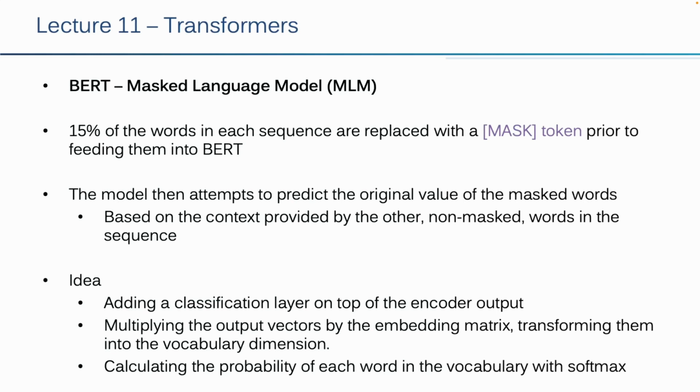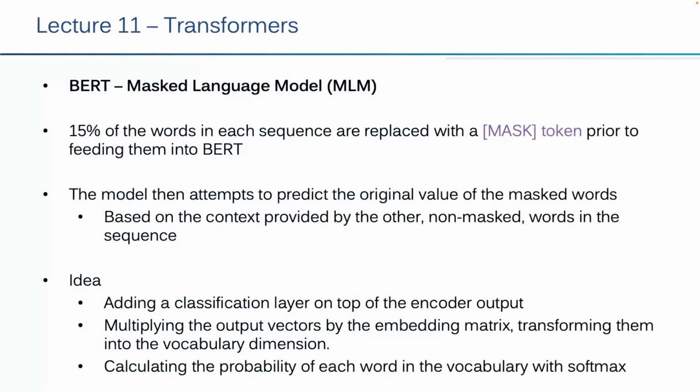So how they do this, on each of the embeddings, they add a small classification layer. It's just a feed-forward network that takes the dimension of the embedding and converts it into the dimension of the vocabulary. So the output is the dimension of the vocabulary, and each of the values has a probability for the word. And we take the highest probability and say that's the mask token replacement word.